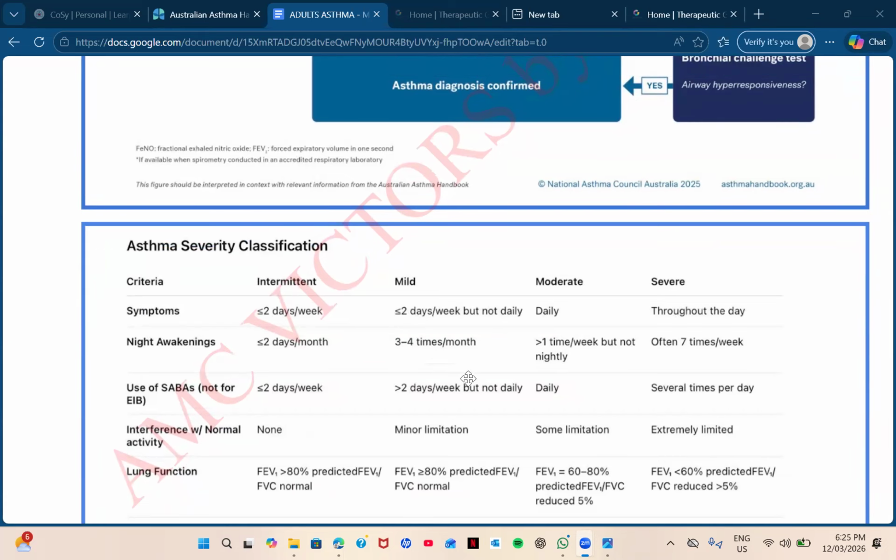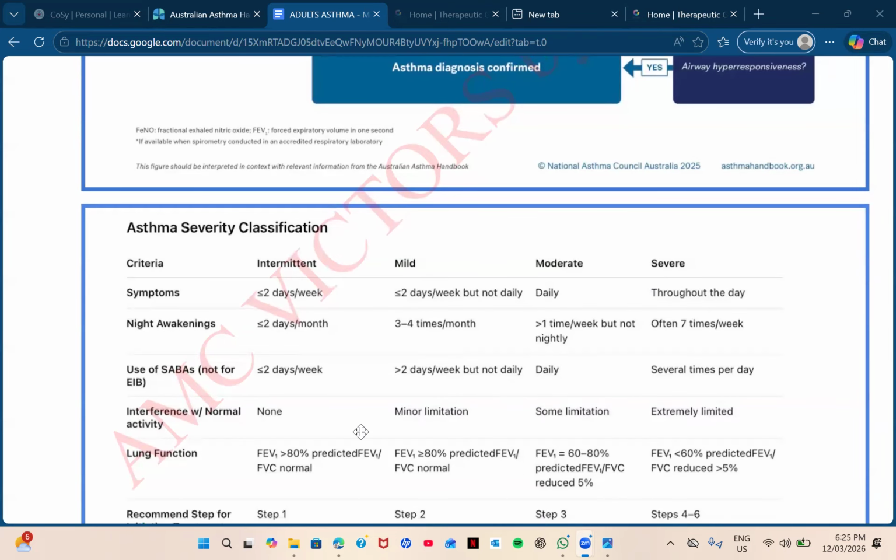Mild means symptoms more than 2 days per week but not daily, night awakening 3 to 4 times per month, and SABA use more than 2 days per week but not daily.